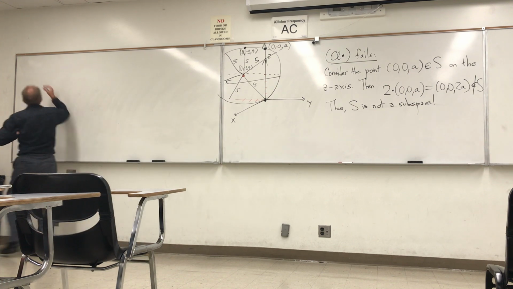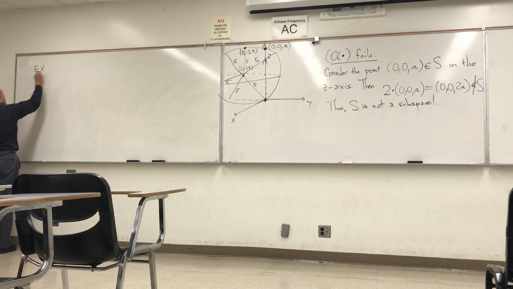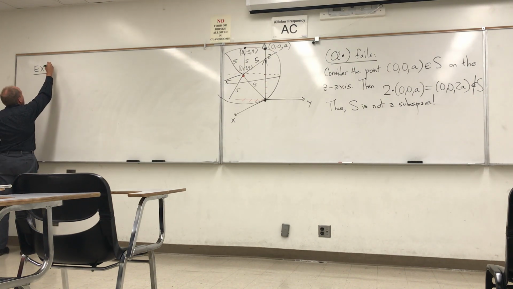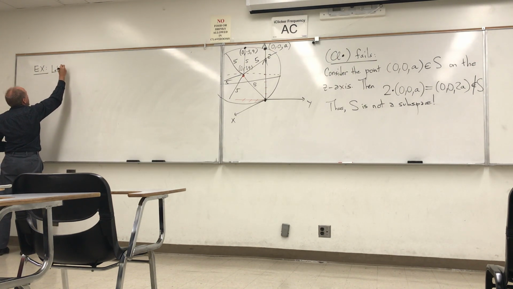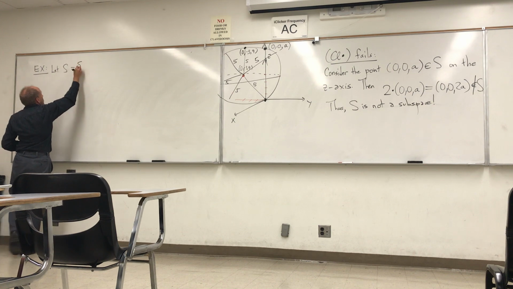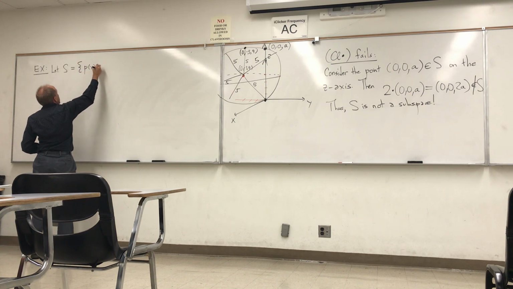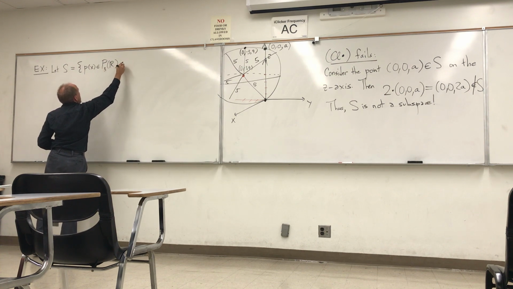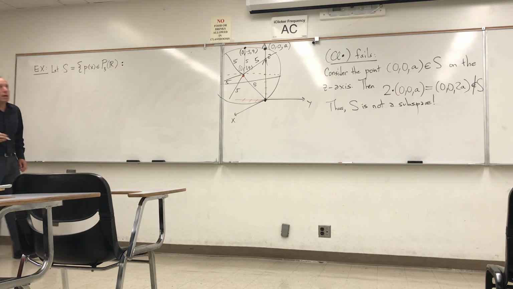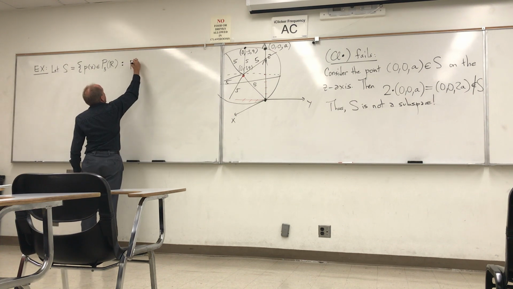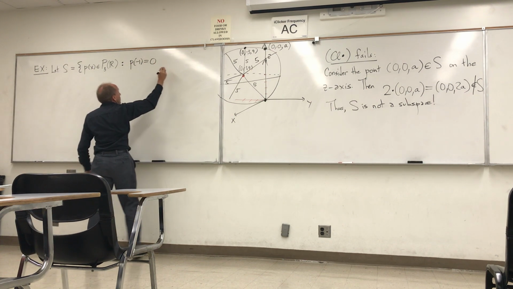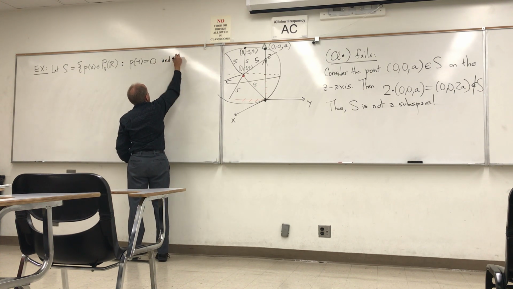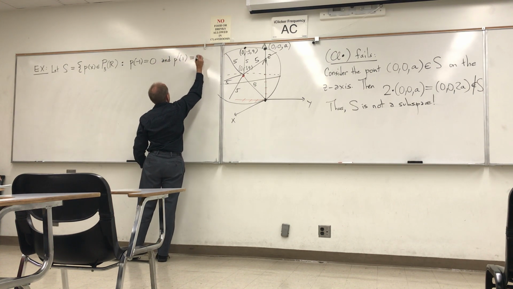Okay, so here's another example. This is also not off of the review session questions. Let's take this one. Let S be equal to the set of P of X in P3 of R such that P of -1 is 0 and P prime of 1 is 0.